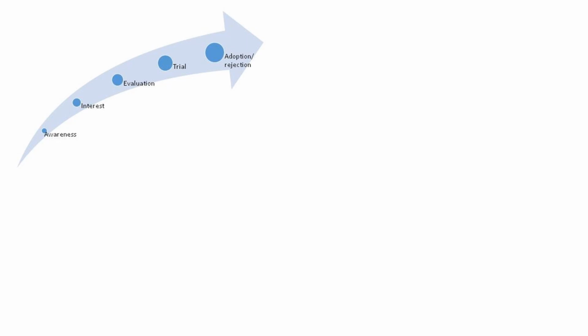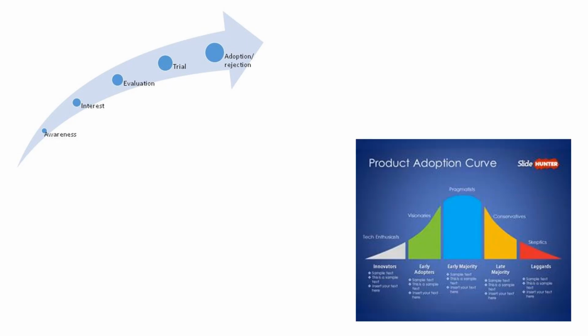So this life cycle is important because we, again, have to address people at different stages. If you're out there with a new product, then everybody needs awareness, but some people are going to move through this faster. And this is where we get into the product adoption curve. We always get some innovators, people who are very enthusiastic and want to jump in right away and try something.